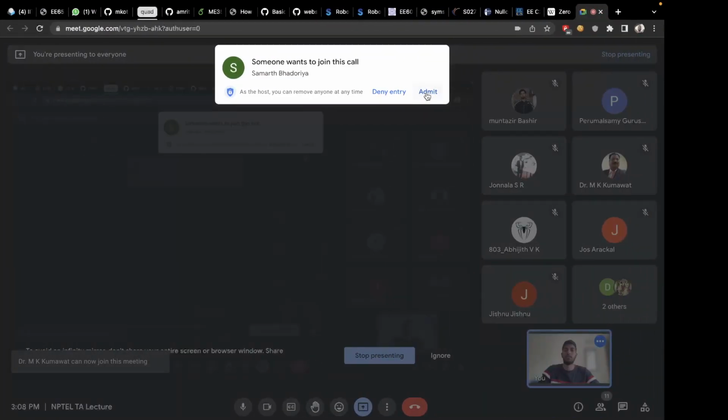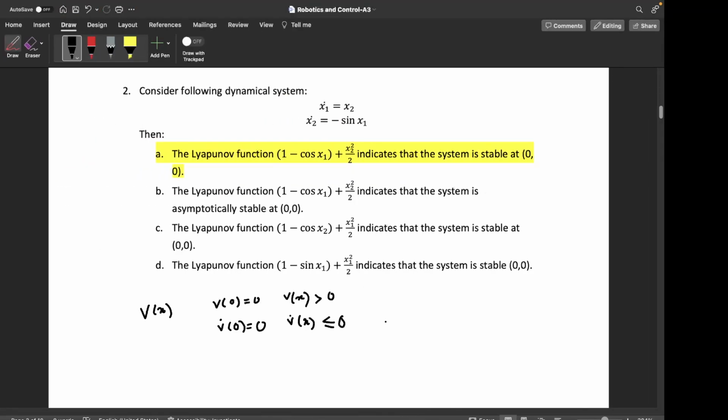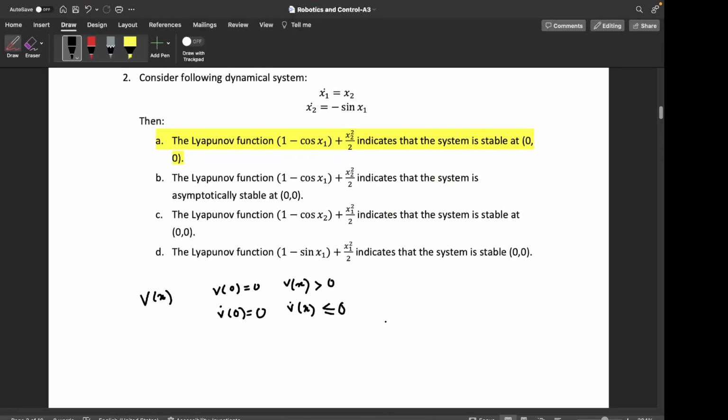So we have to come up with a function which satisfies these properties, and if V dot of x satisfies this condition, then we can say that the system is stable at that equilibrium point. And in case V dot of x is strictly less than 0, we said that the system is asymptotically stable.